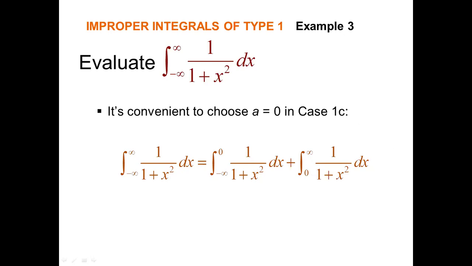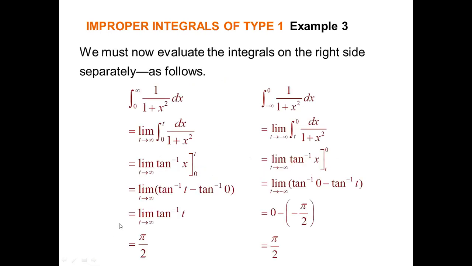So this is type 1, case C. Okay? The case C conception. So if you will evaluate this 0 to t where t approaches infinity, of course, you know how the integral will be. It's an arctan of x. And if you substitute t, which is infinity, and x, which is 0, your answer for arctan of 0 is 0.